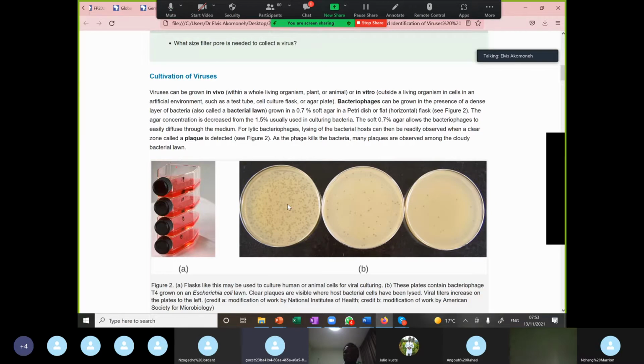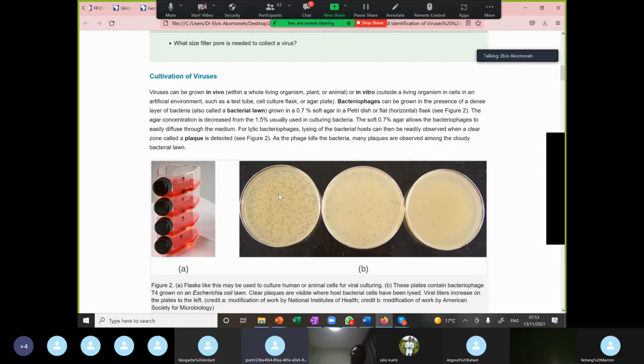So we prepare our agar, and we inoculate the bacterial culture using the spread plate technique. The spread plate technique is a technique we'll also be learning during our practicals. So we inoculate our bacteria using the spread plate technique, and then we infect the bacterial lawn with our viral solution.